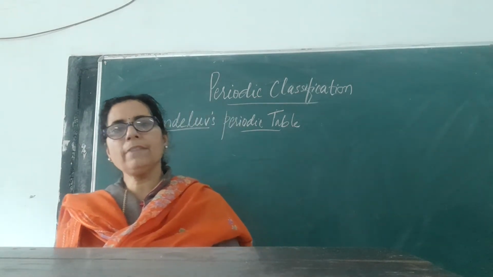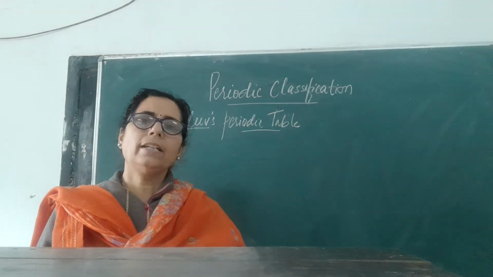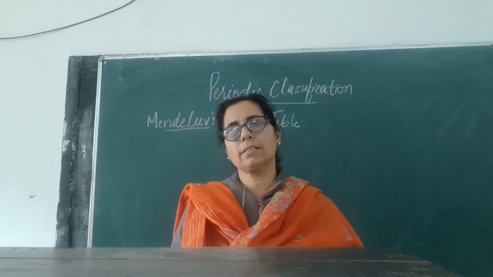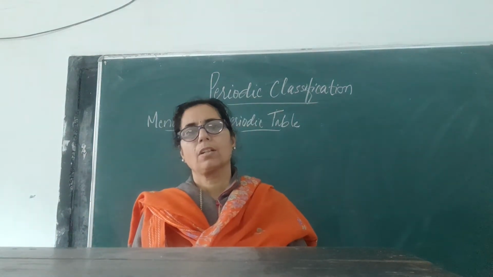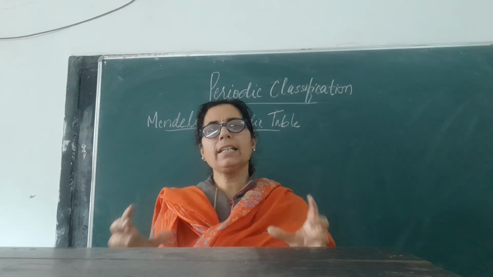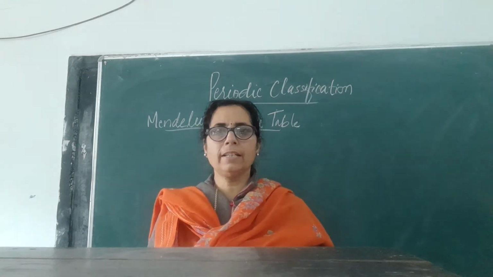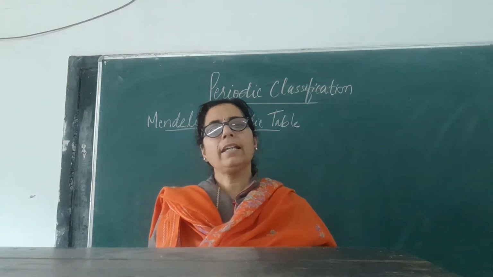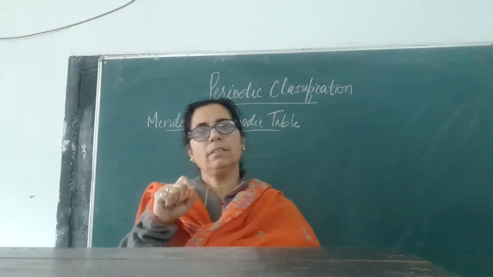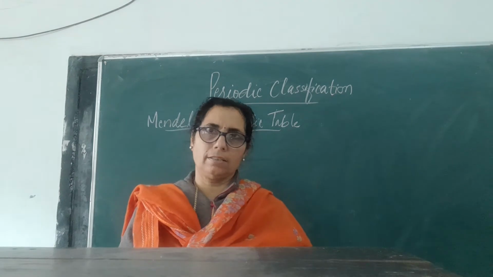Actually, when Mendeleev was preparing his table, there were 63 elements discovered at that time. So what he did was take cards of different elements, name the different elements, and then start writing some properties on each card.